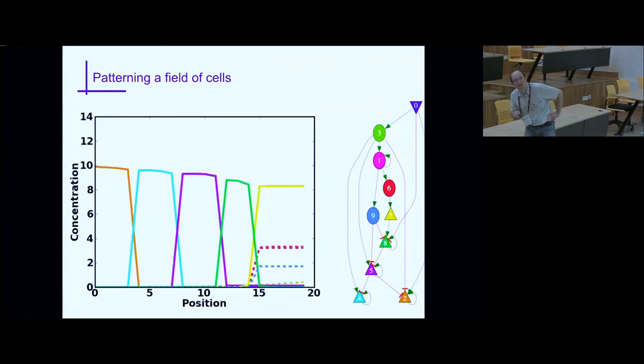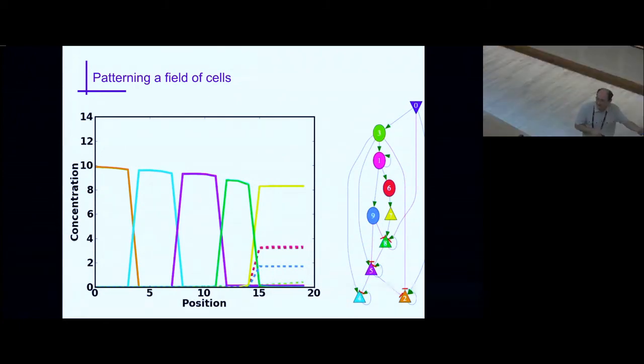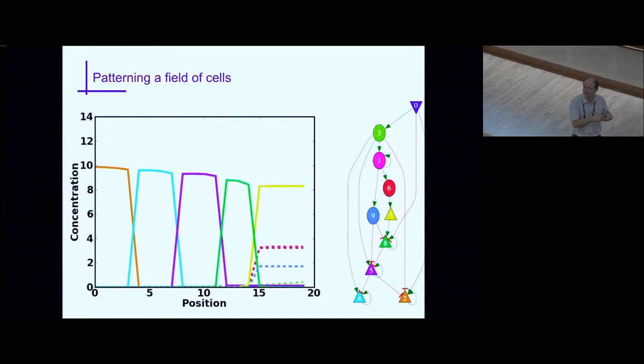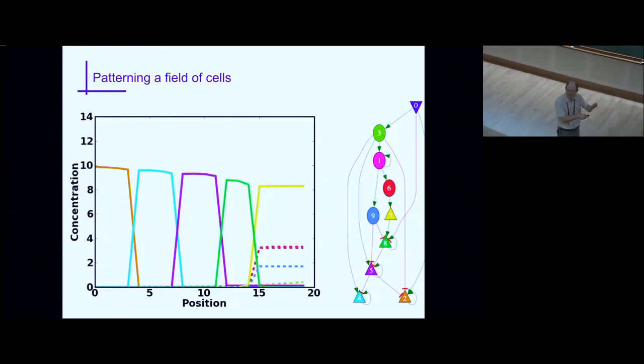So for instance, this gene 8, which is here, is repressing gene 5. And then you have something upstream of 8 that is repressing the gene 2. So there's not a simple rule, but you can quantify this, and on average, you will see that the genes on the left are repressed by the genes on the right, and the more on the right you are, the less you are repressed. So you get rules like this that are evolving very spontaneously.